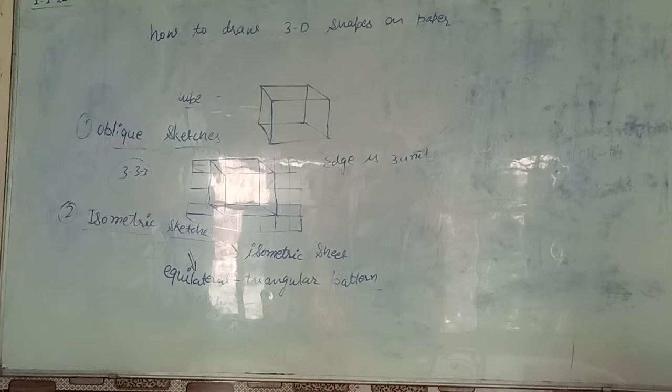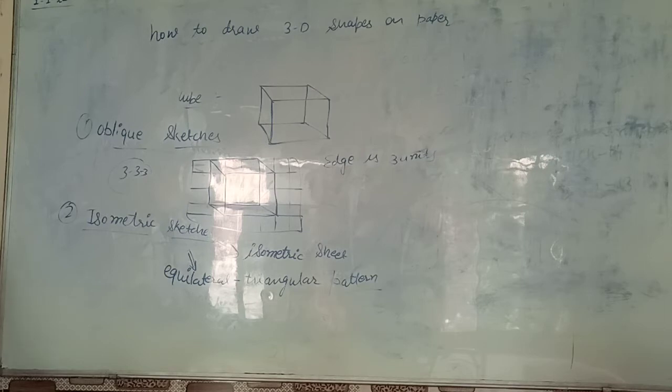So isometric sketches are drawn on isometric sheets, and these are dotted sheets, on which the dots are arranged in an equilateral triangular pattern, right? In this sketch, the dimensions of the solid shapes are proportionally replicated.